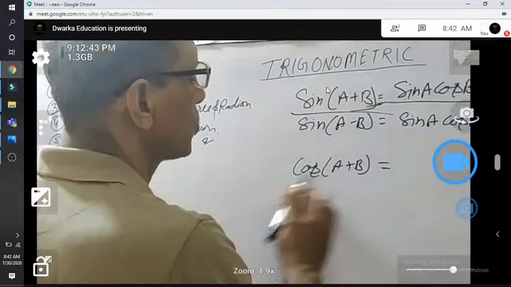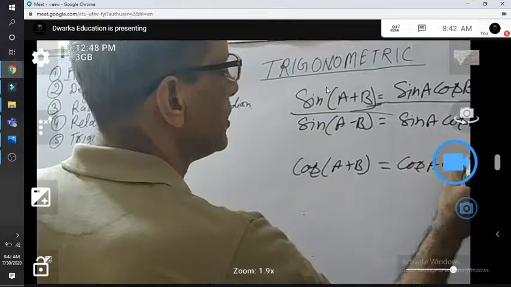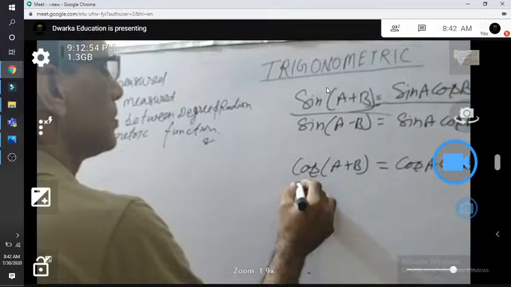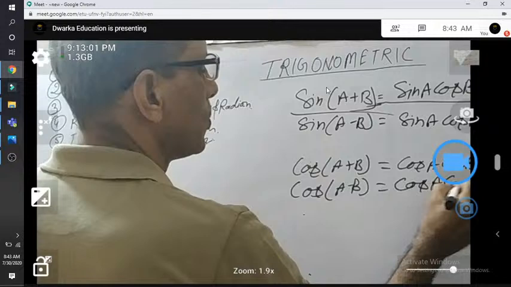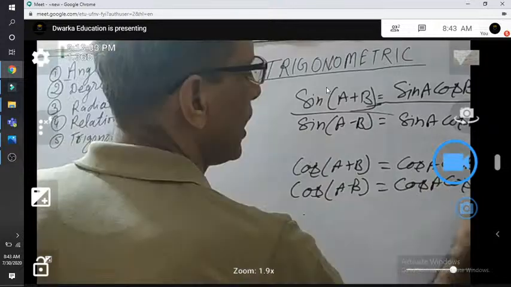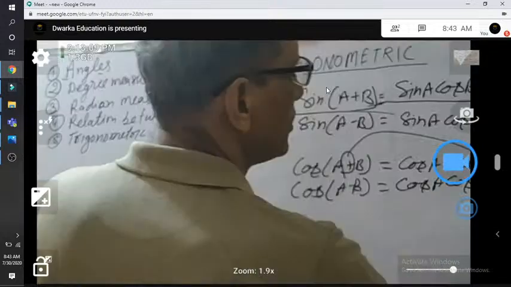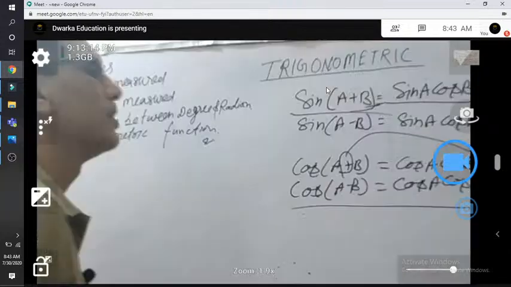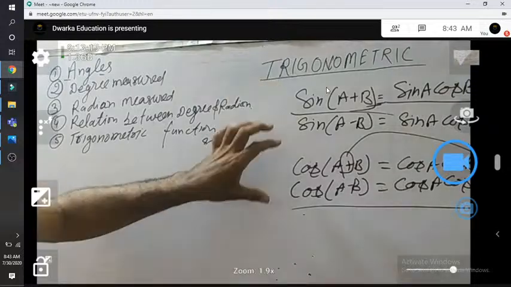Cos A plus B is cos A cos B minus sin A sin B. Cos A minus B is equal to cos A cos B plus, pay attention, there is the opposite sign here, both signs are opposite, sin A sin B. These are the formulas of sin A plus B and cos A plus B.